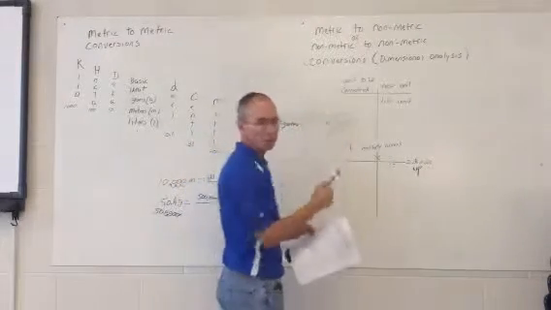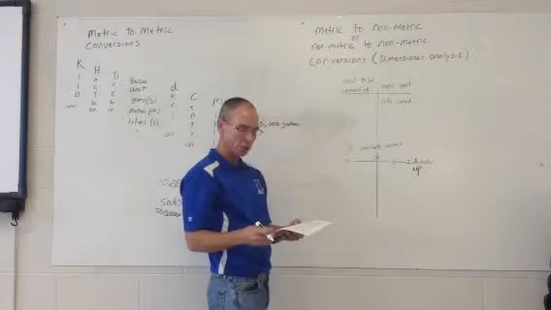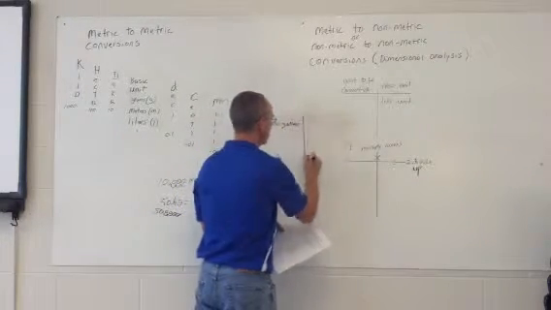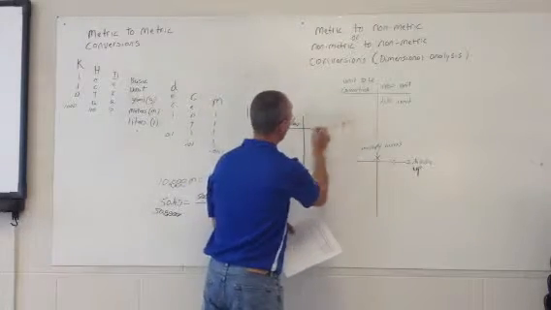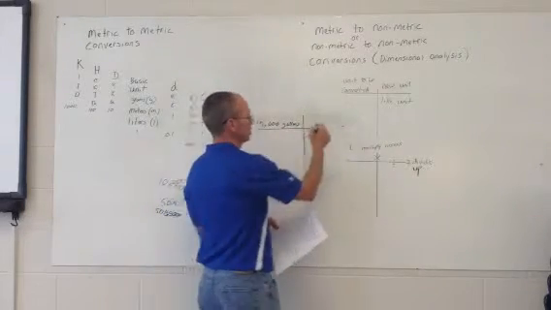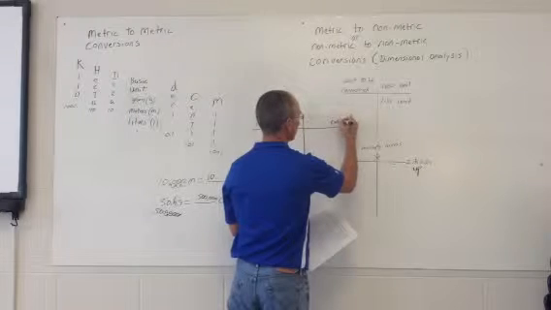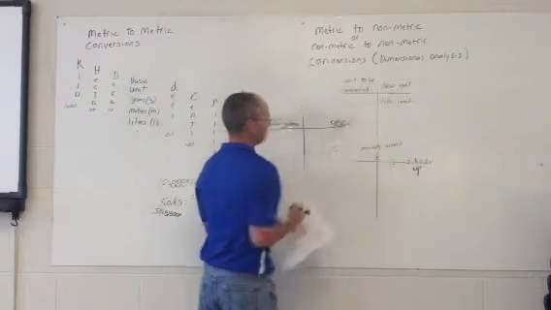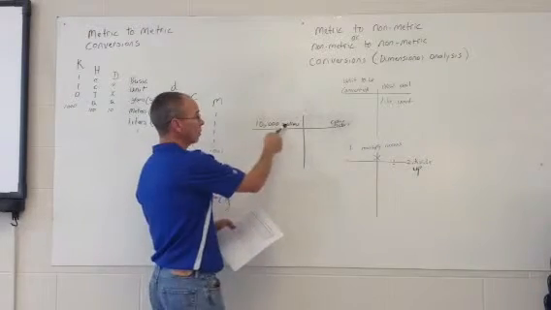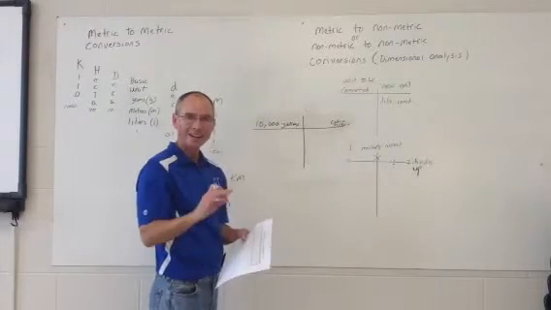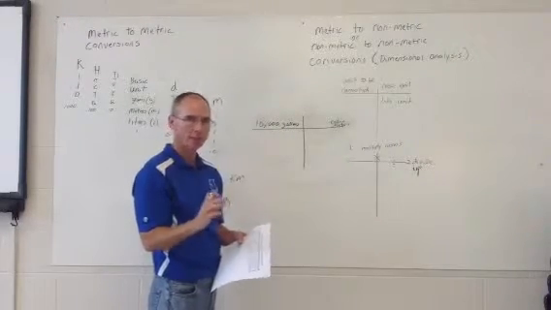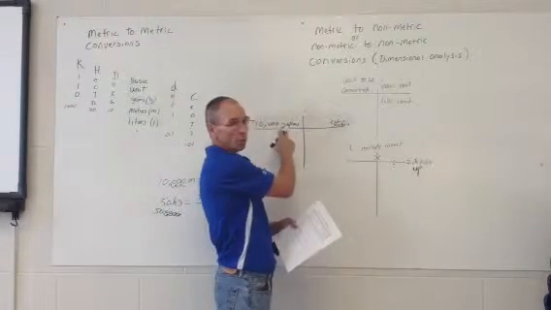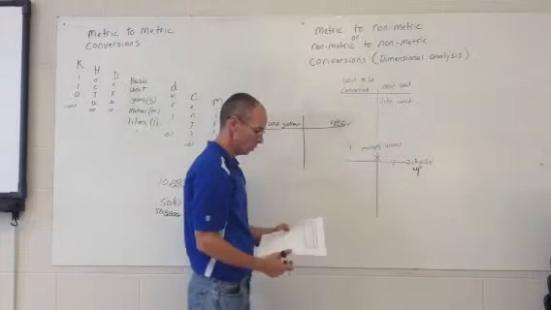So that's my number to be converted. How many cubic meters is this? How many cubic meters is 10,000 gallons? So my new units that I want to convert to are cubic meters. My units I'm converting from are gallons. I need that equivalence, or that conversion factor, of gallons to cubic meters. In other words, how many gallons are there in a cubic meter?